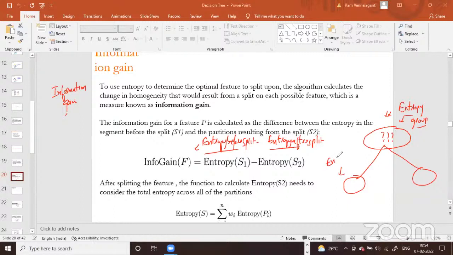Find out what the entropy is at this node. So entropy before split, you had some value here. Now you are splitting this node into two smaller nodes for us. Find out what the entropy is here, and what the entropy is here. Then what are you going to do?